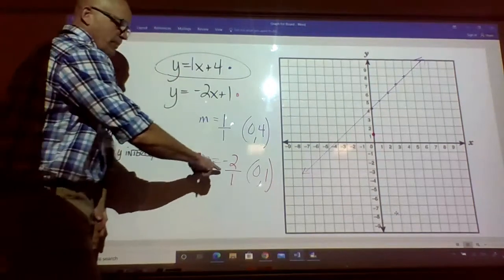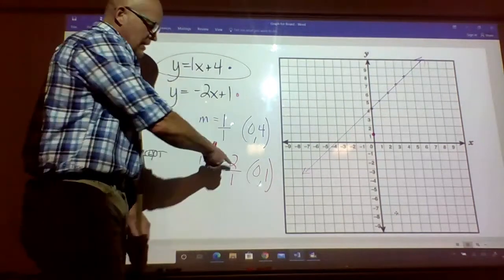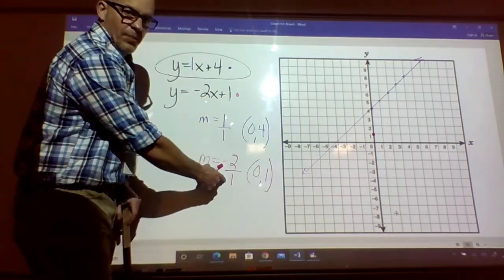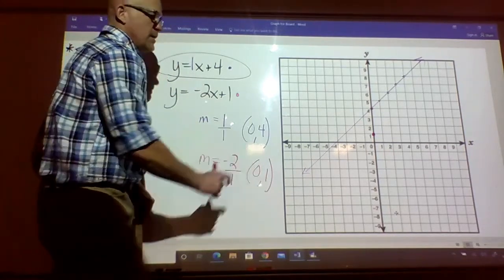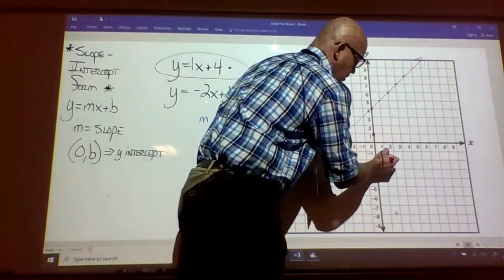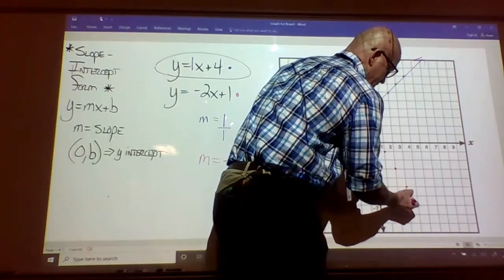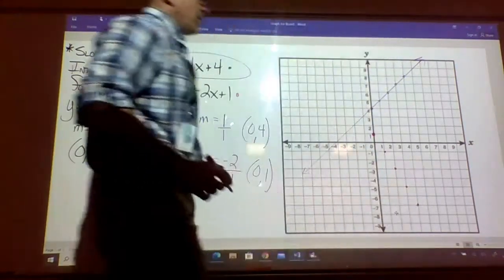Now that my slope is negative 2 over 1, negative 2 is telling me that I have to go down 2. But since the 1 is still positive, we're going to go to the right 1. So I go down 2, right 1, down 2, right 1. Again, I can do that forever, but I don't really need to.